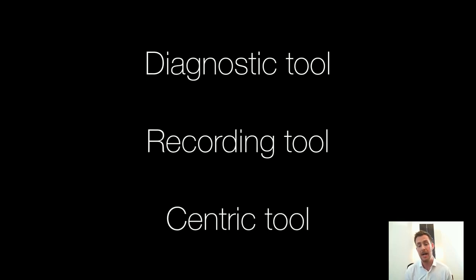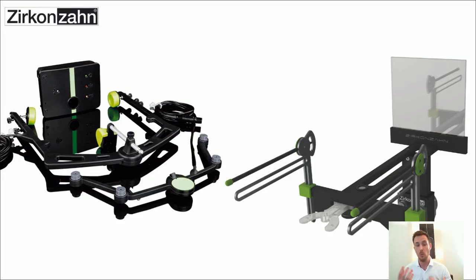And I have also a centric tool included. That means I'm able to find the perfect position, the centric position of the lower jaw related to the upper. And we provide for you a really secure workflow in combination with the plane finder as well.